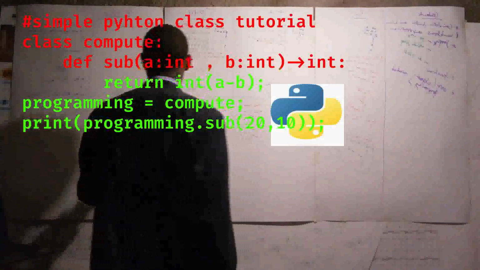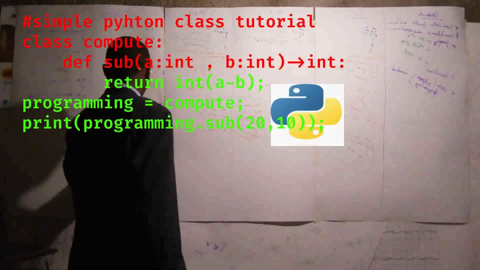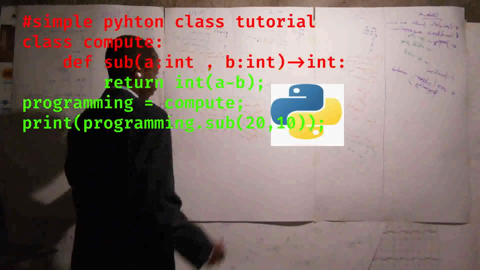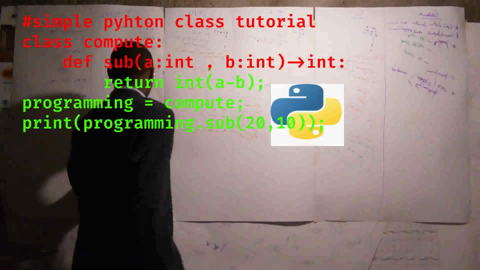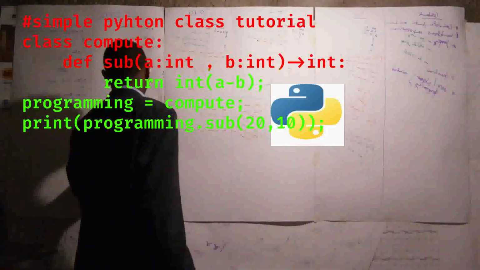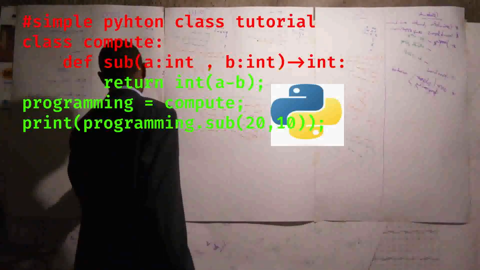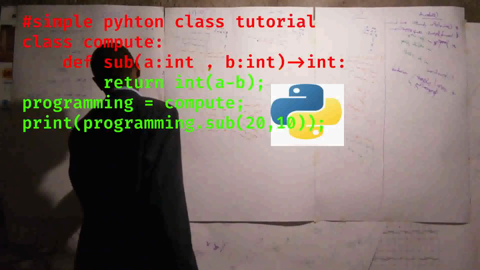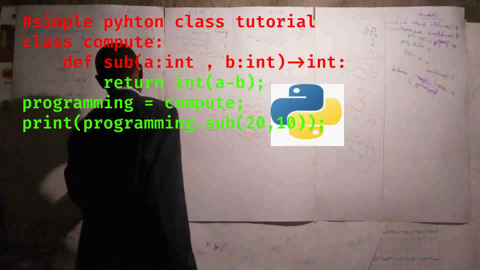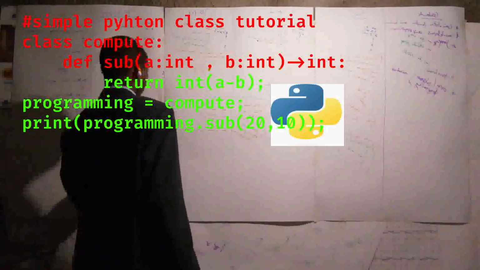In Python, you write the class, then def subtract with self, a, b, indented, return a minus b.